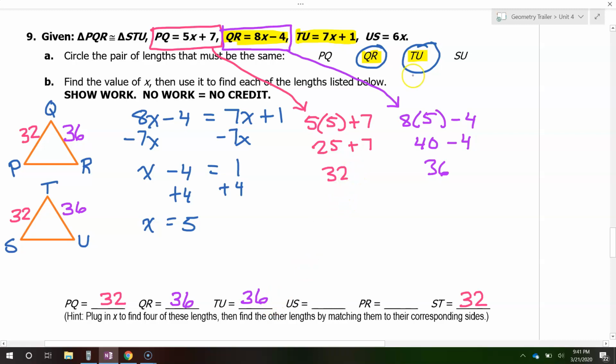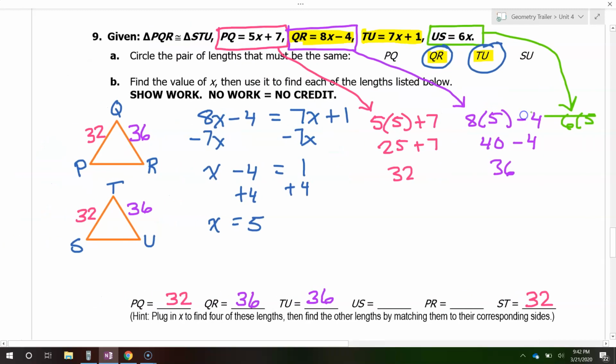Now let's move on to US. We have a tiny little expression for US right here. So I'm just going to do that off to the side. So 6x, that will become 6 times 5.